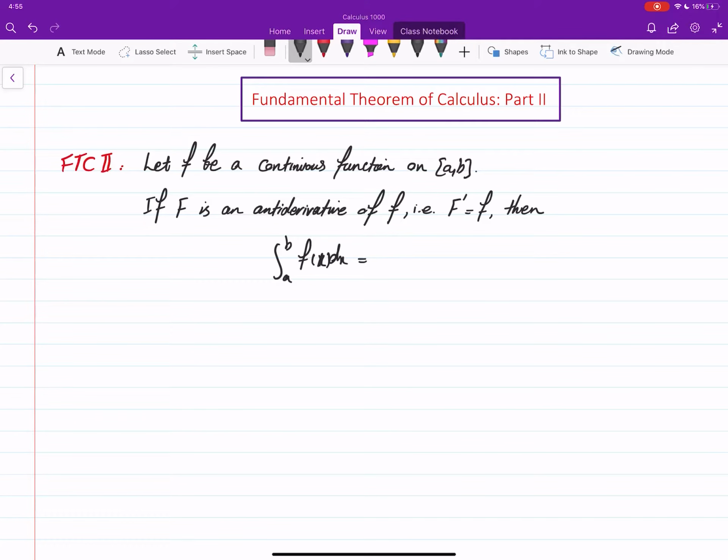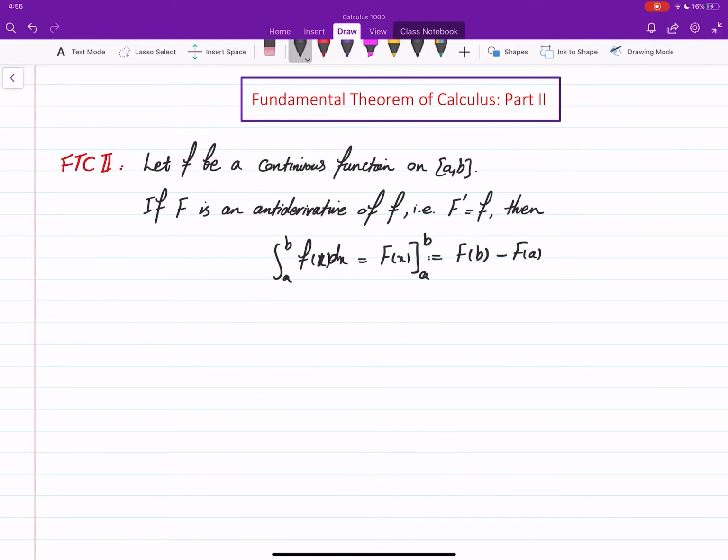Well, fundamental theorem of calculus part 2 says that this is equal to this value, right? But what we mean by that is that's just notation. It means that you evaluate the antiderivative at the upper limit and then evaluate the antiderivative at the lower limit and subtract.